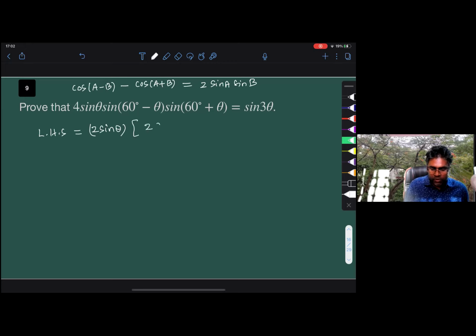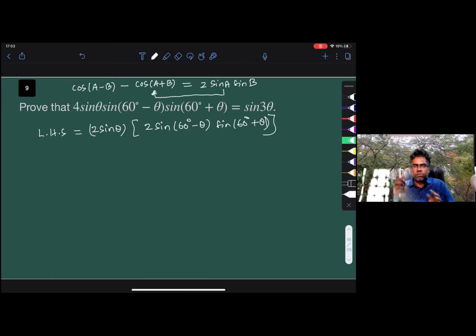So I have 2 sine 60 degrees minus theta into sine 60 degrees plus theta. Now if you see, I have 2 sine A into sine B. So I'm basically going backwards, from the right hand side, 2 into sine A into sine B to cos of A minus B minus cos of A plus B.